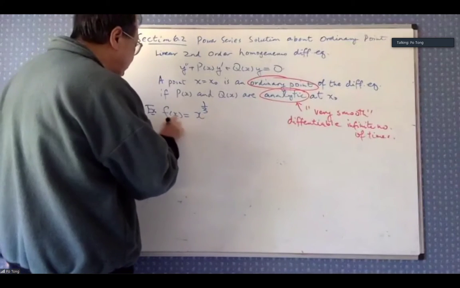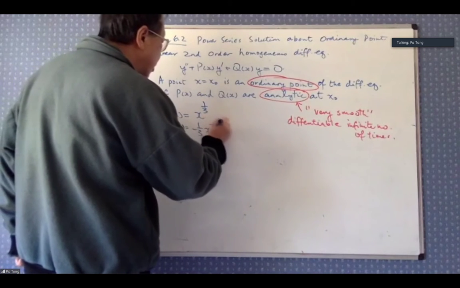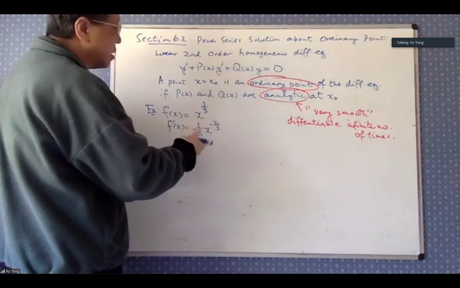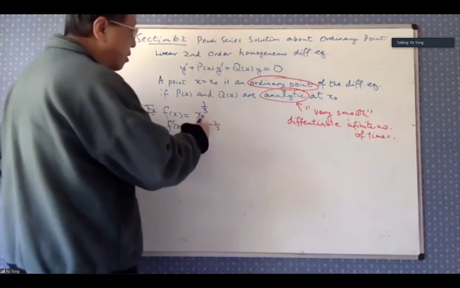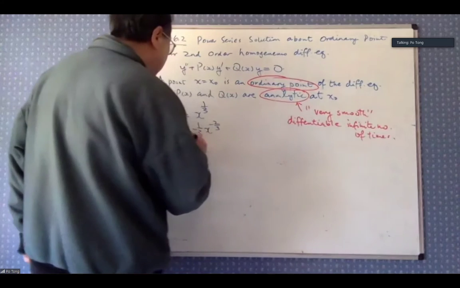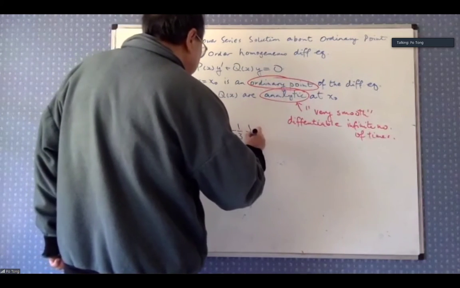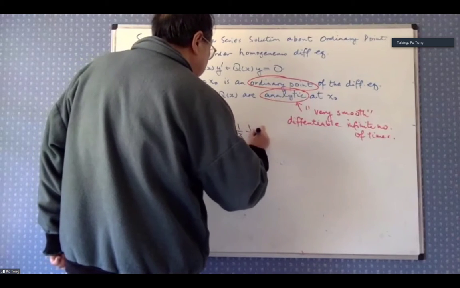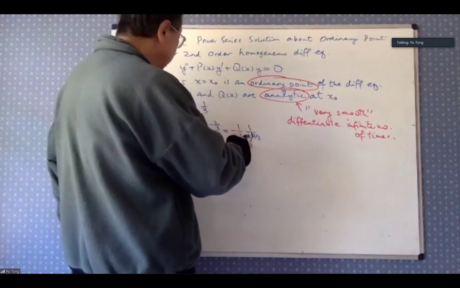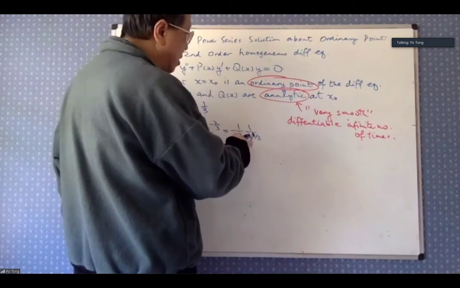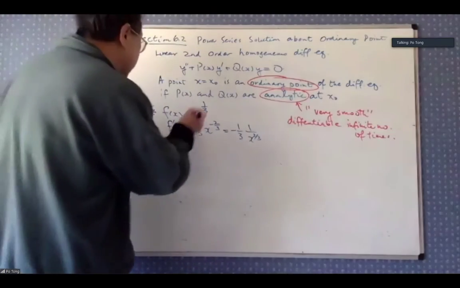If you keep doing f prime of x, you get 1/3 x to the power negative 2/3, and if you keep doing this, eventually the function is not going to be differentiable at x equal to 0 because some of these derivatives, for example this one here, 1 over x to the power 2/3, is not going to be continuous at x equal to 0 because when x equal to 0, this is going to blow up.